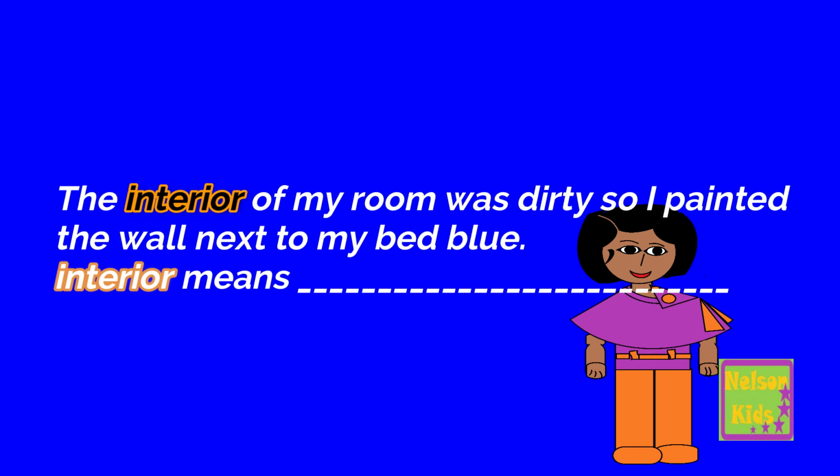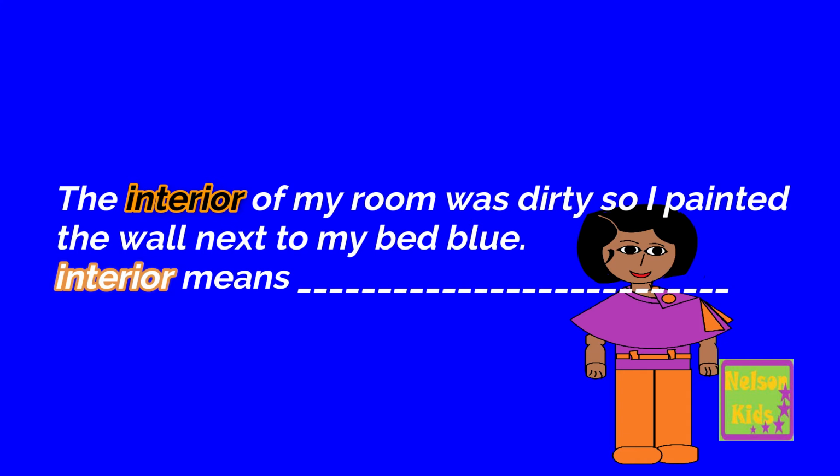Let's go on to another one. The interior of my room was dirty, so I painted the wall next to my bed blue. What does interior mean? You may say, I don't know. Let us see if I can find some clue words in the sentence.